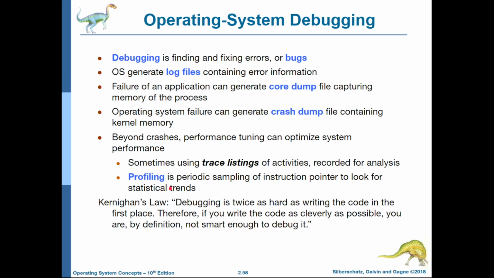So this quote here: debugging is twice as hard as writing the code in the first place. Therefore, if you write the code as cleverly as possible, you are by definition not smart enough to debug it. The upshot of this rule, and what you should learn from it, is don't be complicated.